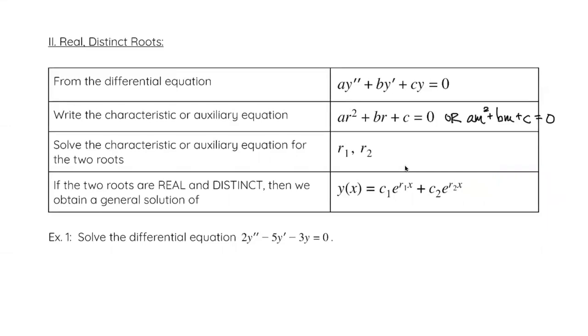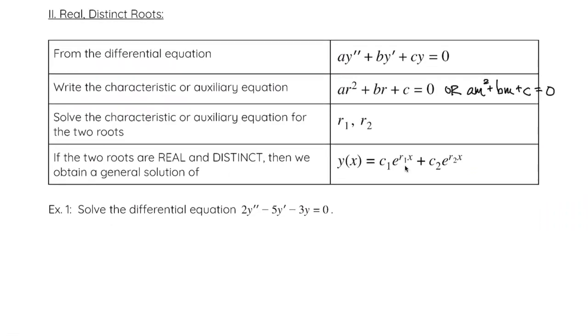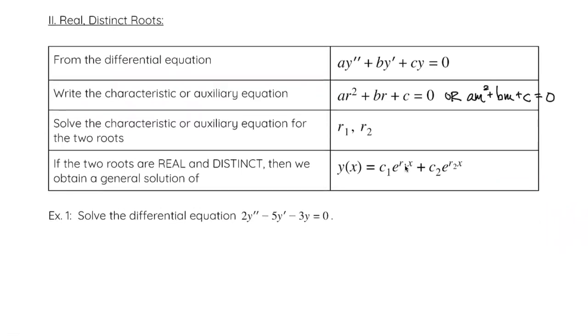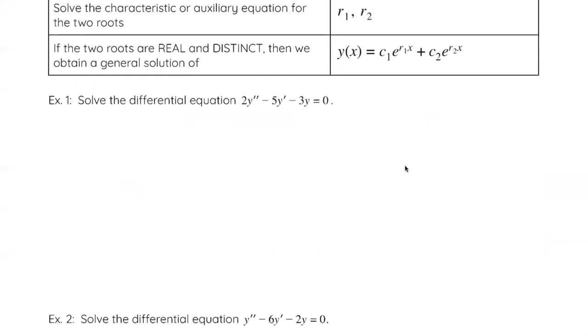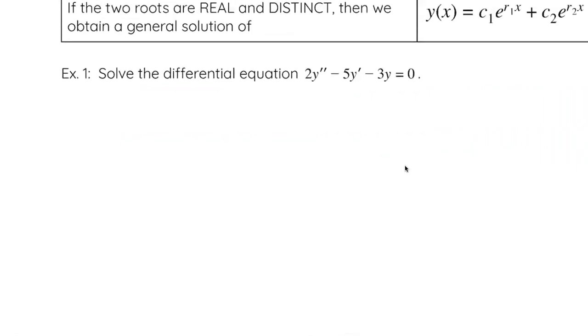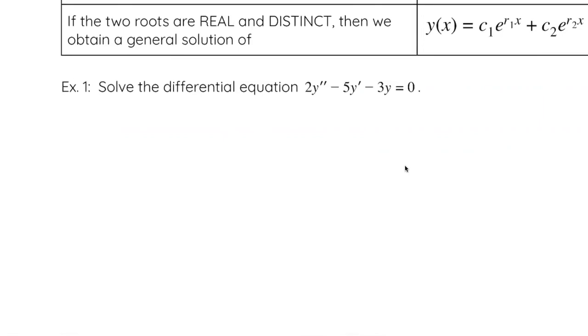All right. And this is a pretty big theme in differential equations, it's really like algebra on steroids. Like, how do we use all this stuff about algebra we know to help us solve these calculus problems? All right. So let's take a look at this first equation. It says solve the differential equation 2y double prime minus 5y prime minus 3y equals 0.